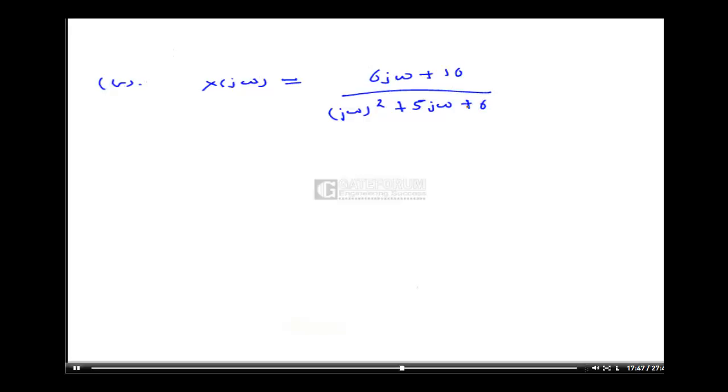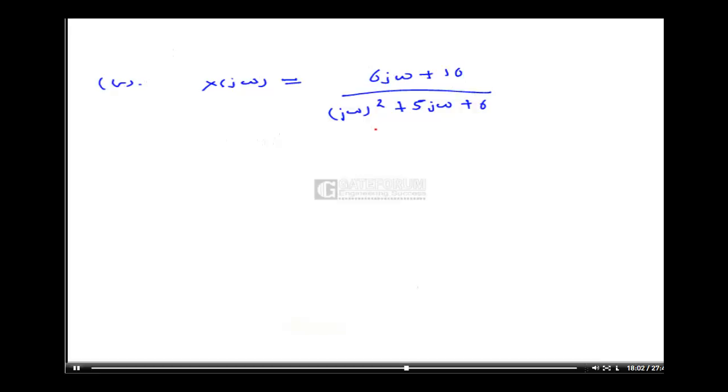Another problem. X(j omega) is given as (6 j omega plus 16) upon (j omega) square plus 5 j omega plus 6. Find the inverse Fourier transform, or find x(t) out of this. We can make use of partial fractions here.